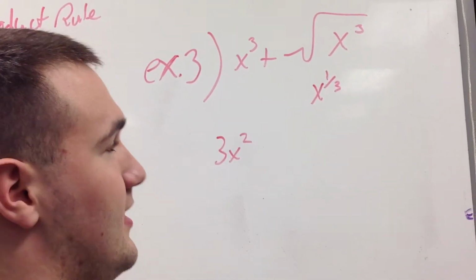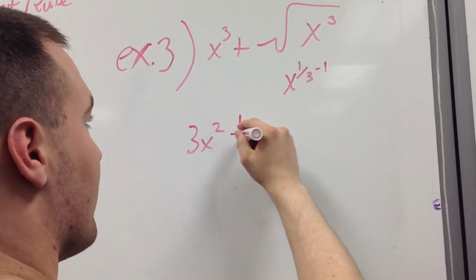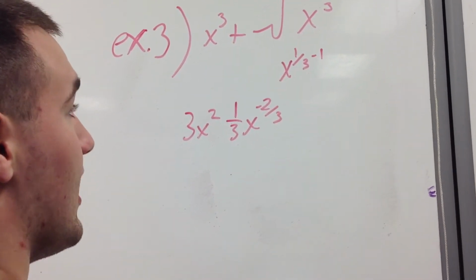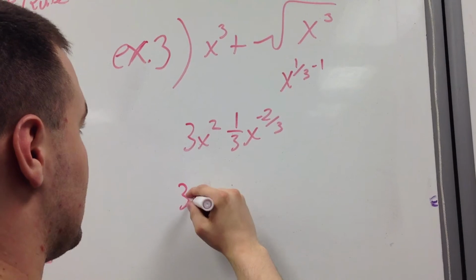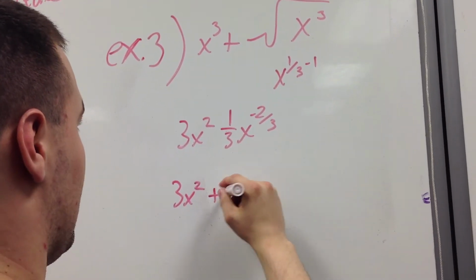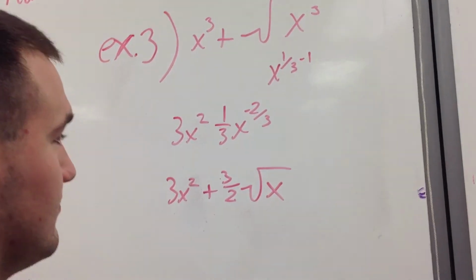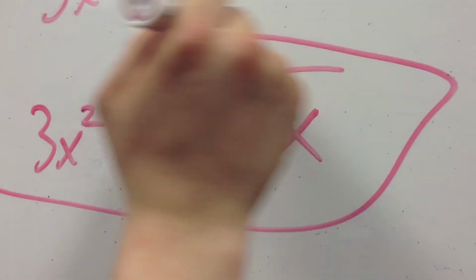That's an easier way of thinking about it. Then we're going to subtract 1 from the exponent and bring that down. So we're actually going to have 1/3 x to the minus 2/3. And you can rewrite this as 3x squared plus 3 divided by 2 square root of x. And that is your derivative.